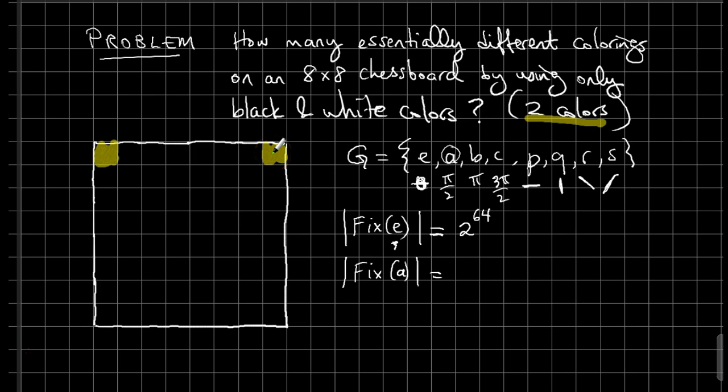Because after rotation, the top left element will be carried to the top right, and the top right will be moved over to the bottom right, and the bottom right will be moved over to the bottom left, and the bottom left will be moved over. So all these should be the same color. Only colorings which have these four squares the same color will be inside the fix of A.